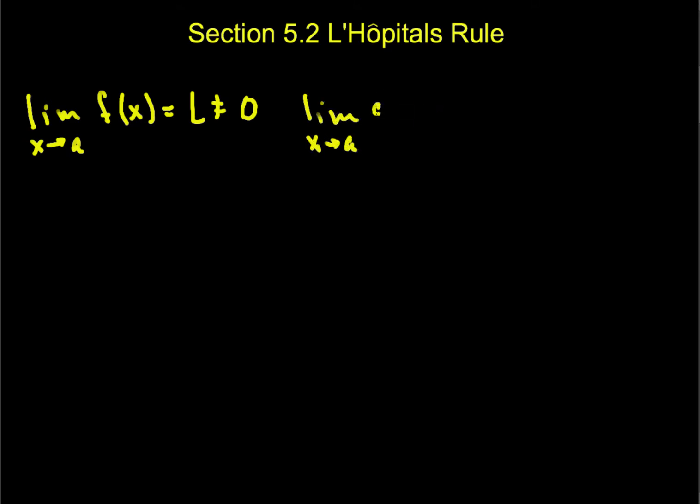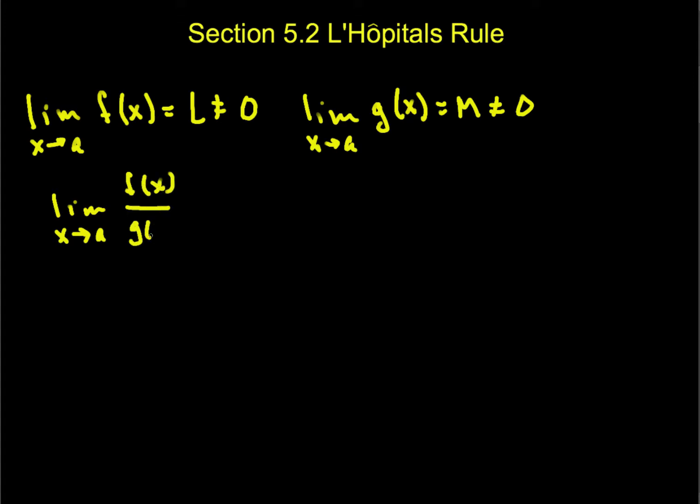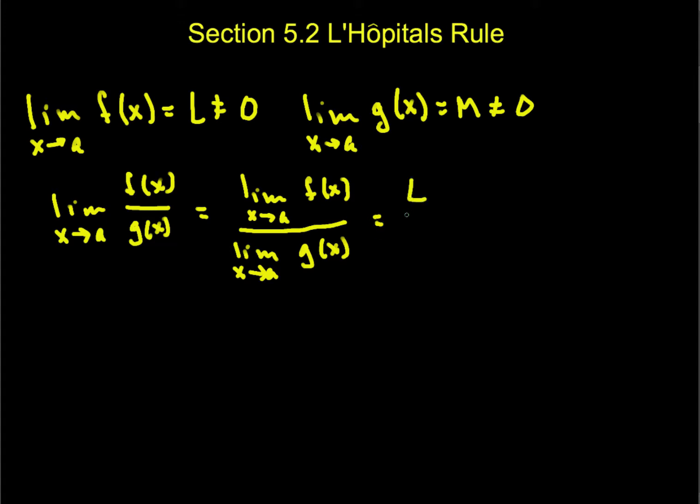So the setup is like this. In general, we know that if the limit as x approaches a of f of x is L, which isn't 0, actually that part doesn't matter, and the limit as x approaches a of g of x is maybe m, and this is more important, it's not 0, then the limit of their ratio f of x divided by g of x is simply the ratio of their limits, the limit of f of x divided by the limit of g of x, which is equal to L divided by m.